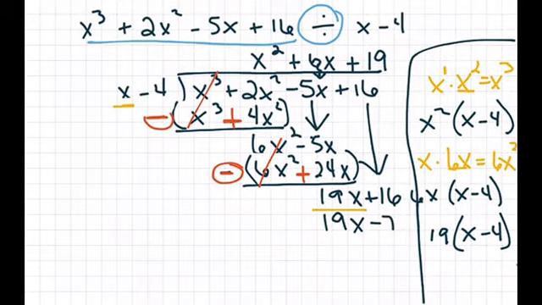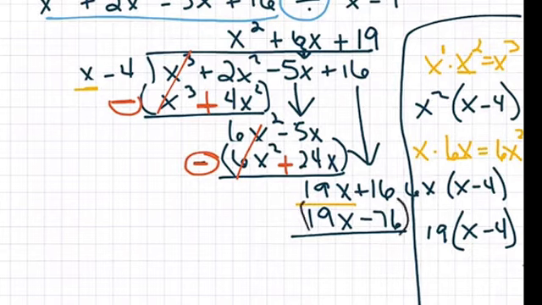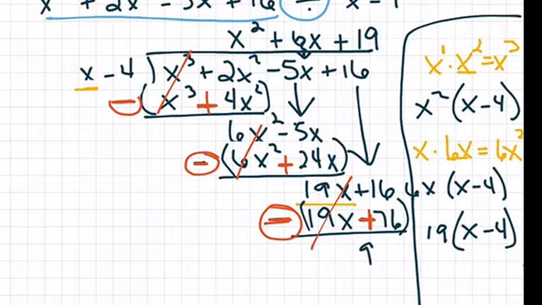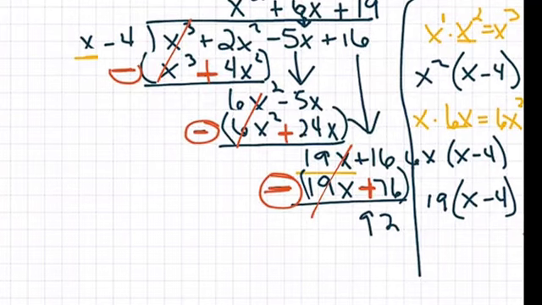Yes, 76. I am going to put parentheses and subtract. So 19x minus 19x cancels each other out. 16 minus a negative 76, that becomes a positive. 16 plus 76 is 92. So I have a remainder of 92.